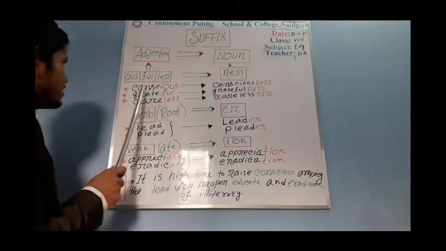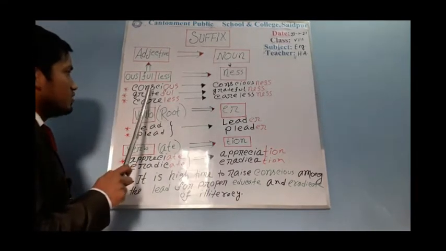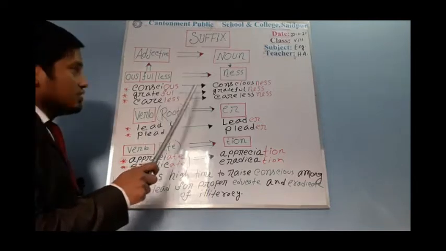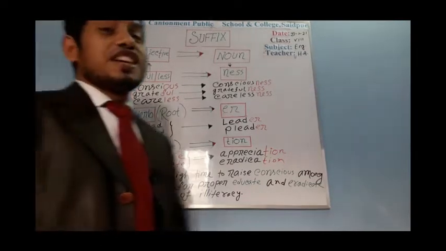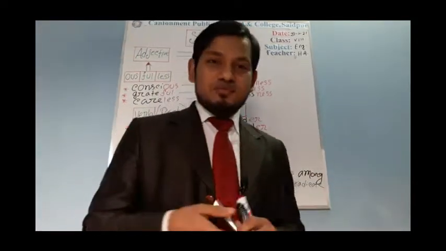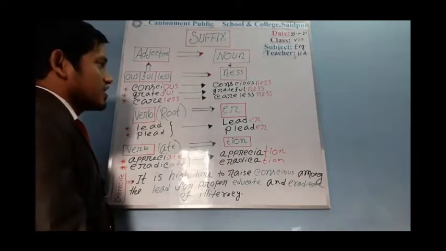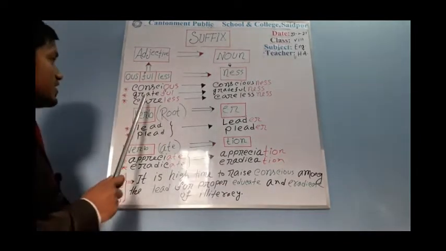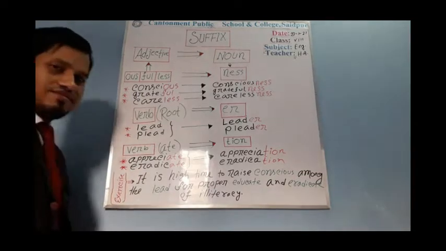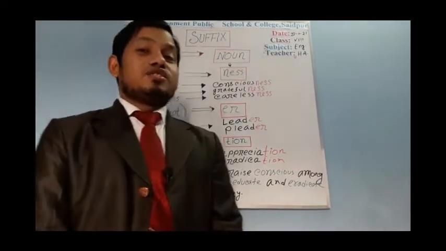Obviously clear. You can be more sure of it by this example. Learners, here you can see conscious. The root is conscious, OUS. You can change the word into another part of speech, that is noun, like this: consciousness. Okay, this is consciousness. The second word is grateful. Learners, do you know what grateful means?